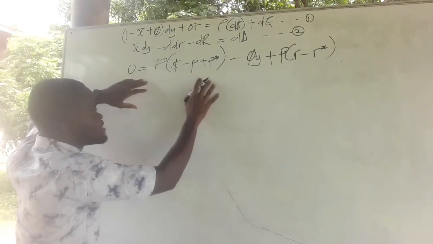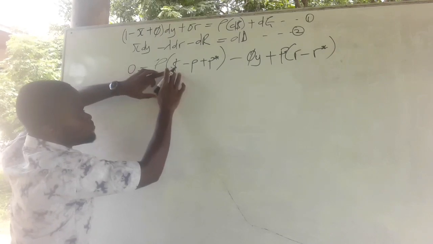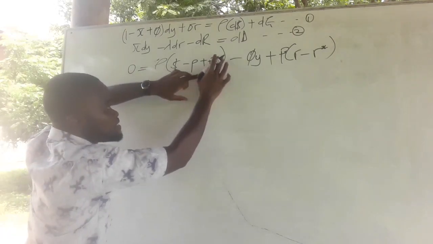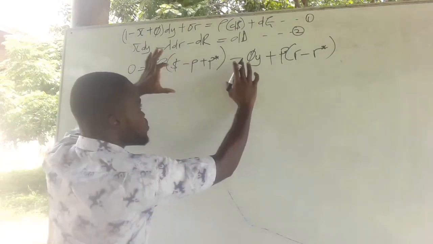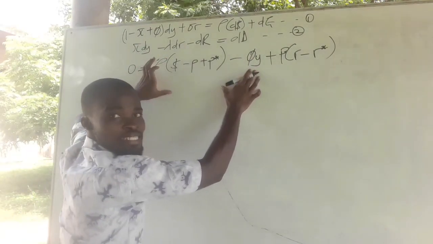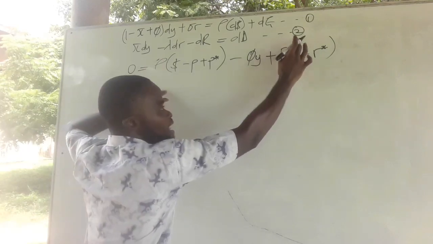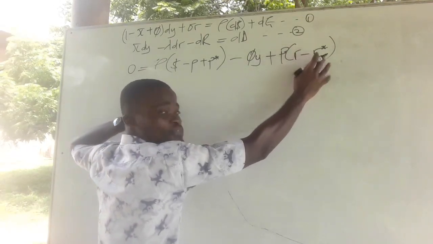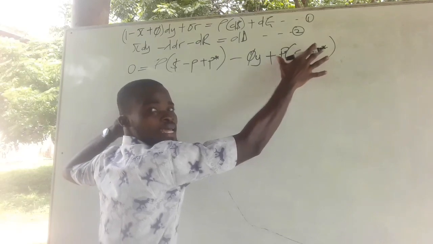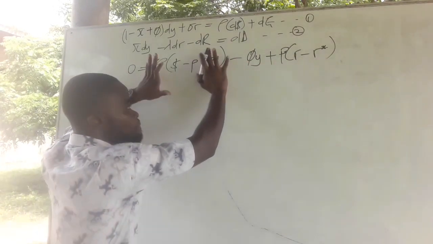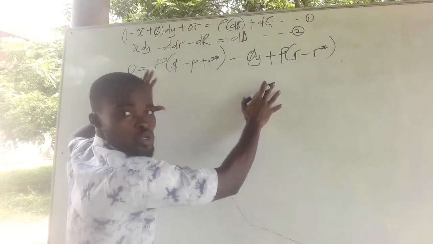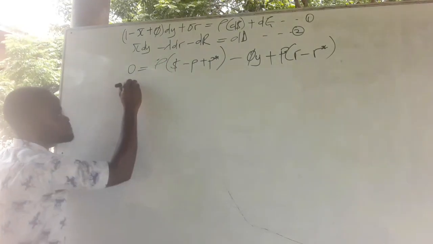What this means is that rho into bracket dollar minus p plus p star is our export, as we already know, and pi y is our import. So export and import give us the current account, and beta into bracket domestic interest rate minus foreign interest rate gives us the capital account. So when the balance of payment is equal to 0, the summation of the capital and the current account should also give us 0. That is the meaning.